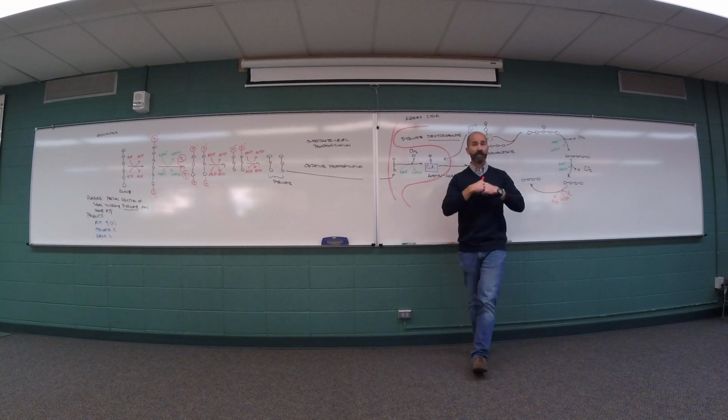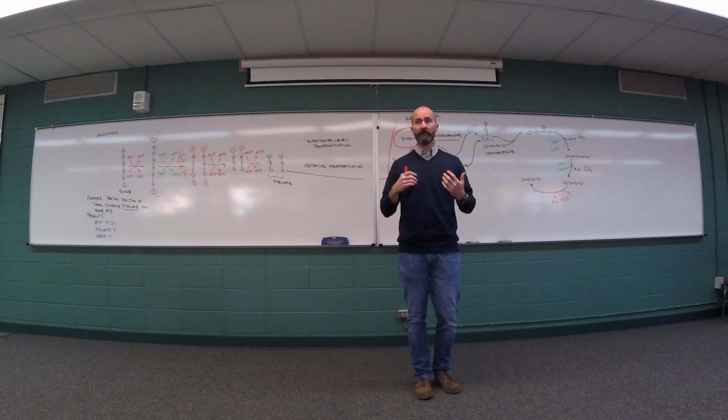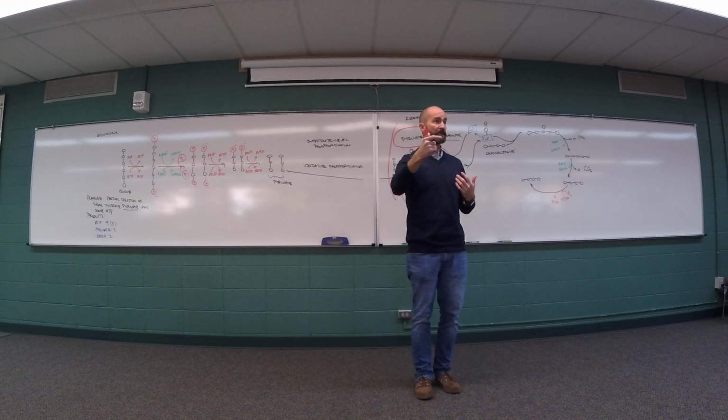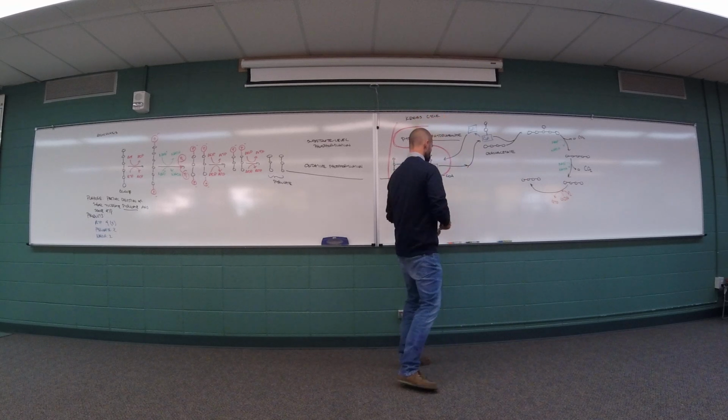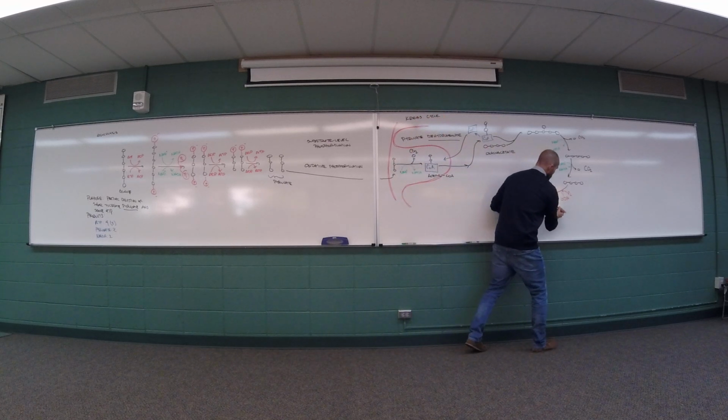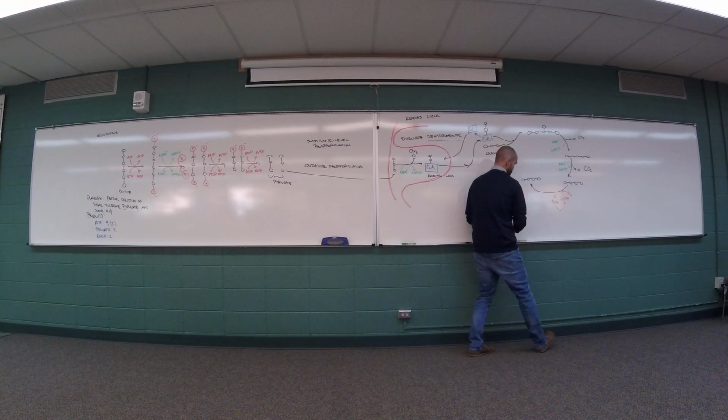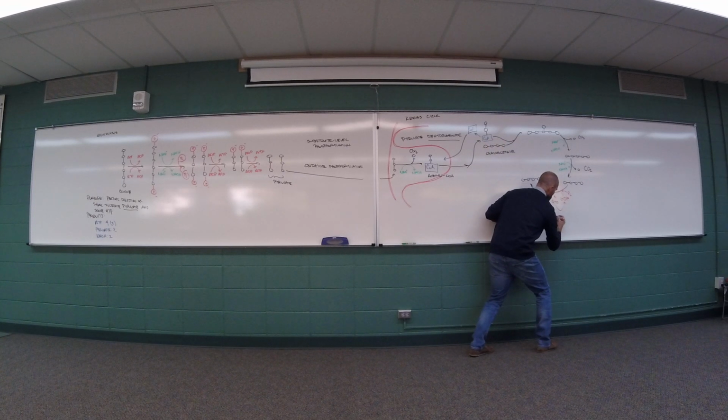But GDP and GTP are very short-lived. Really, the purpose of GTP is to transfer that phosphate from itself onto ATP. And so GTP loses its phosphate, and it gives it to ADP to make ATP.